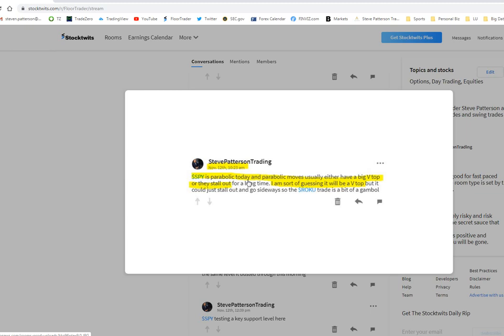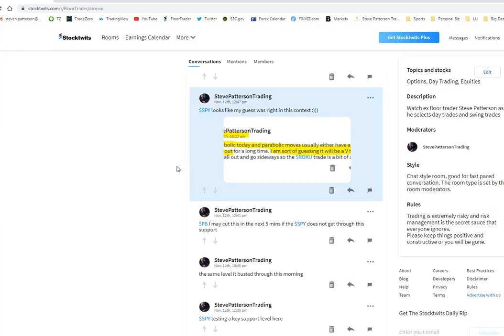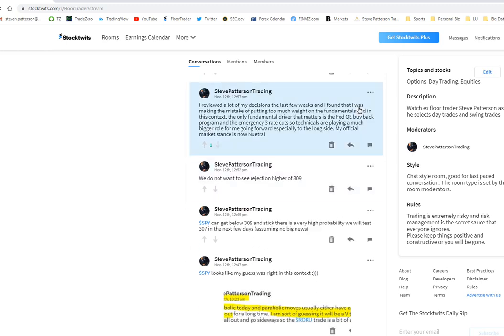I said the SPY is parabolic today, and parabolic moves usually either end with a big V top or they stall out for a long time. I had the idea that today was going to be a V top on the market. So I wanted to find some shorts today, and we started looking at Facebook, and then we're going to get back to this. So I need you to understand this context, okay?